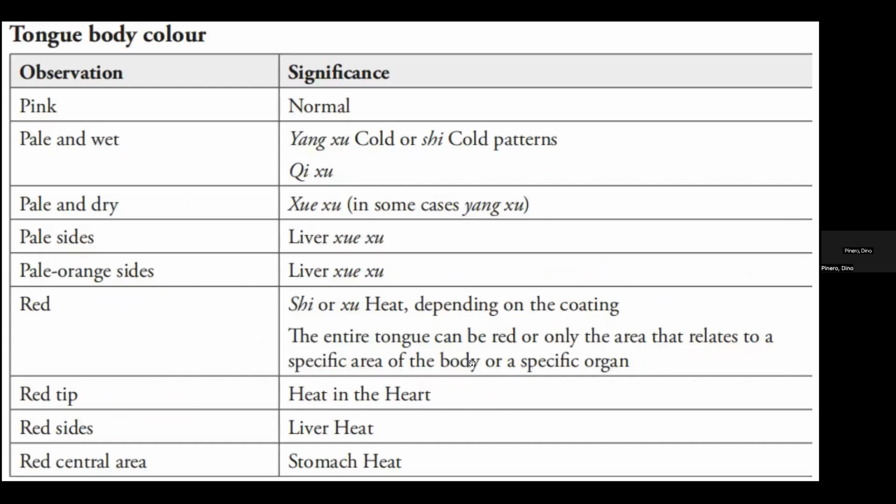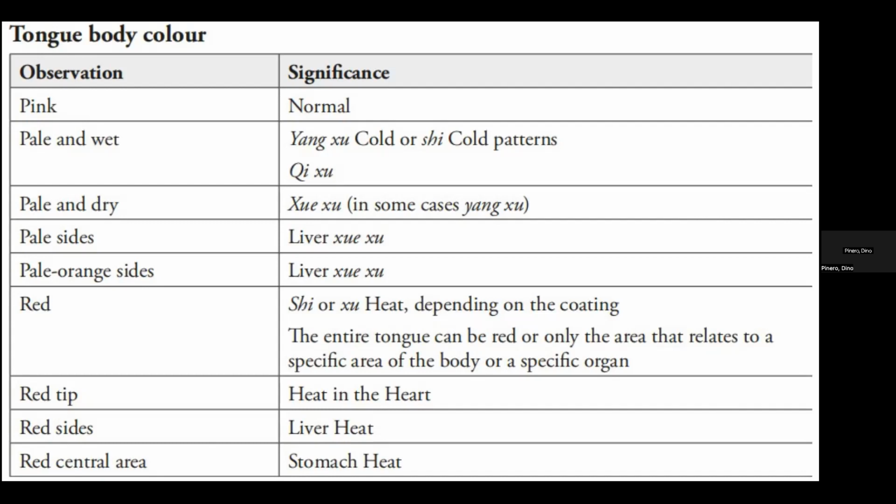Here we have the tongue body color table. Pag ang color ng tongue is pink, so this one indicates normal po yung tongue. When we have pale and wet, this indicates yang deficiency, cold, or excess cold patterns, or we have the qi deficiency.